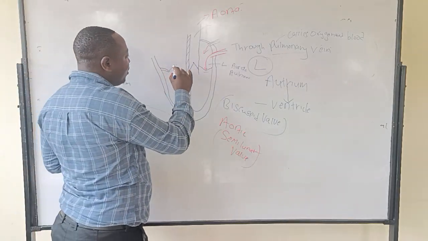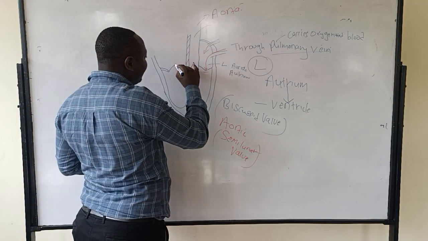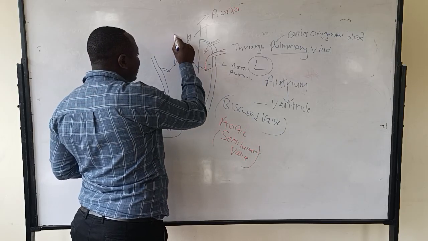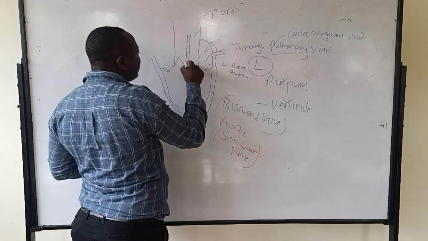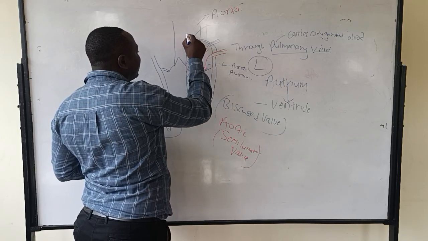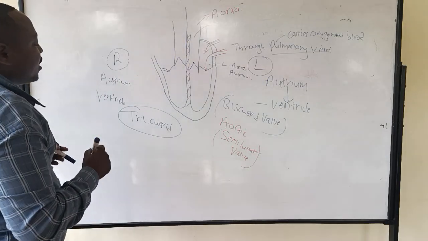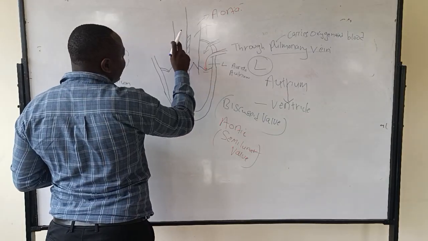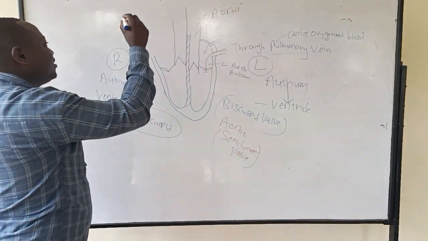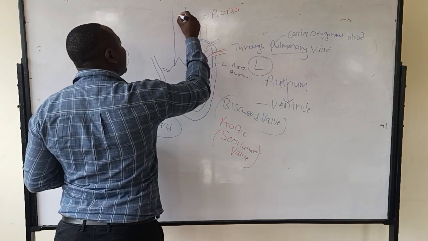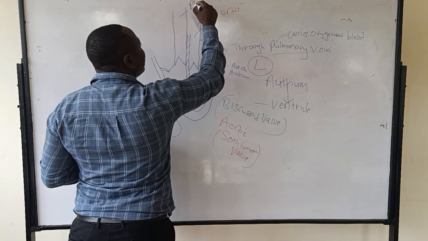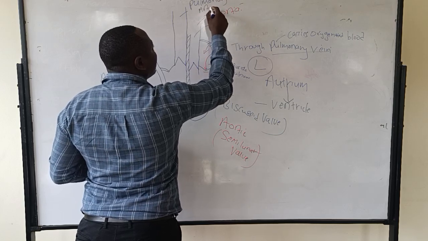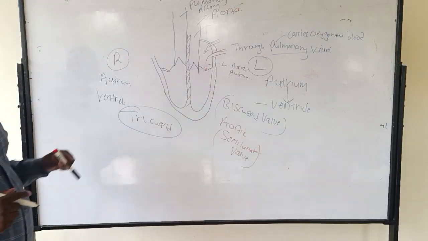Then next to it, we have another valve facing upward, which allows blood to flow in this direction, and this is what we call the pulmonary artery.